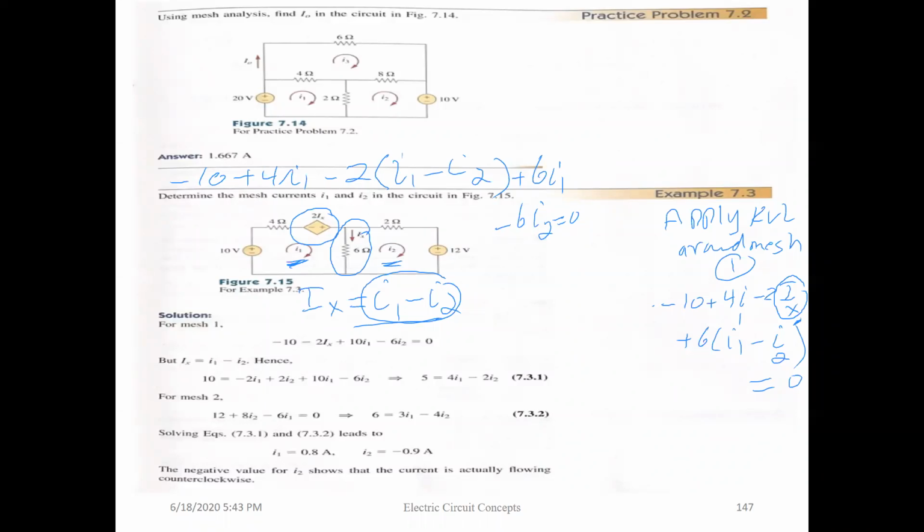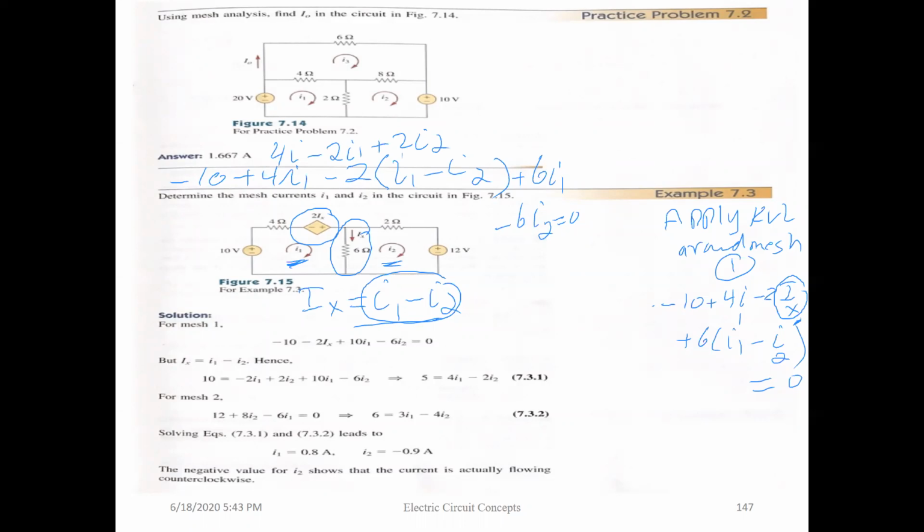Okay, so let's rewrite this one more time. We have 4i1 minus 2i1 plus 2i2.